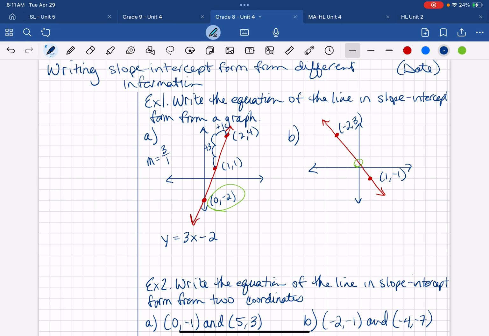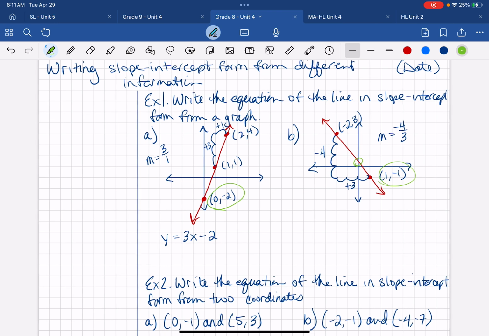So going from negative 2, 3 to 1, negative 1, I go 1, 2, 3, 4, down 4, and 1, 2, 3, right 3, which means my gradient is negative 4 over 3. And now I'm going to use one of these coordinates that's given. So I'm going to use this one because the numbers are smaller.